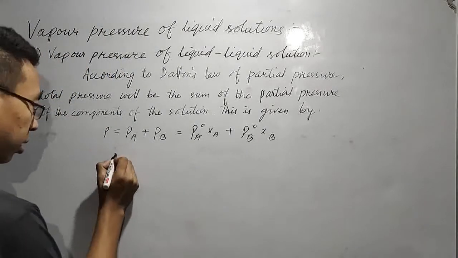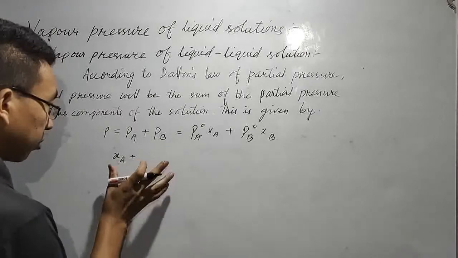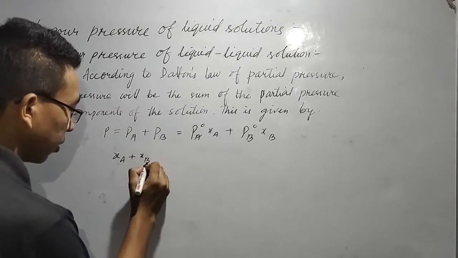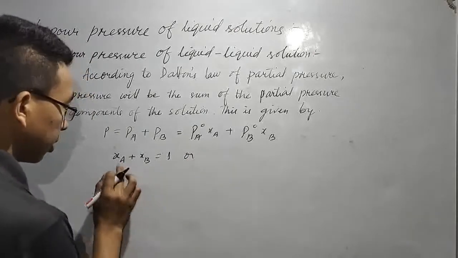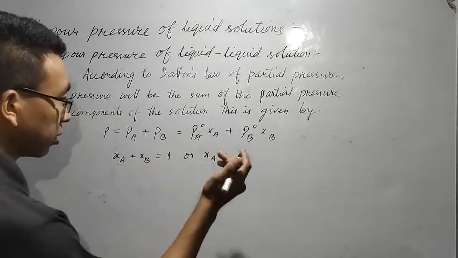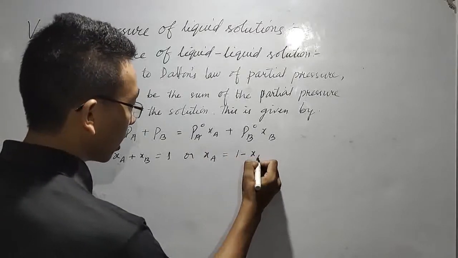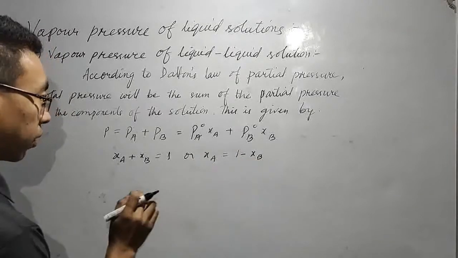Again, from mole fraction we know that the sum of the mole fractions is equal to 1. So XA will be equal to, by transferring XB to the right side, 1 minus XB. So instead of XA we can replace it by 1 minus XB.